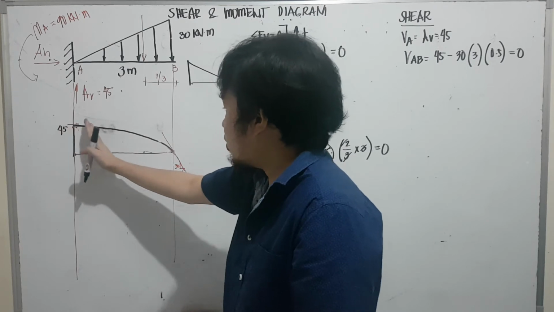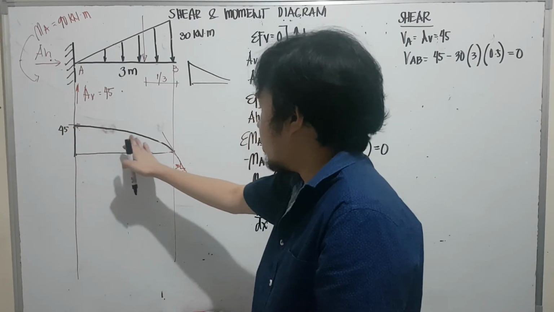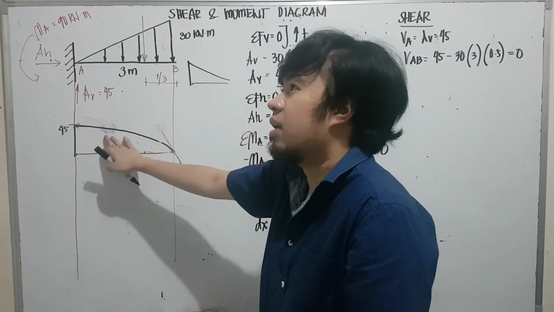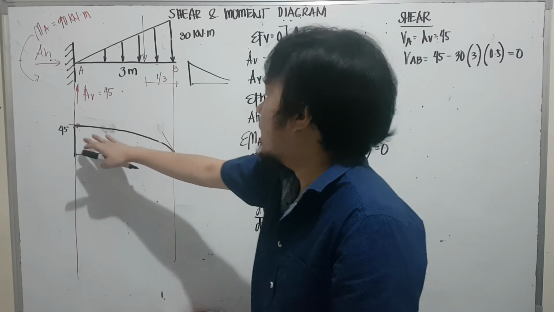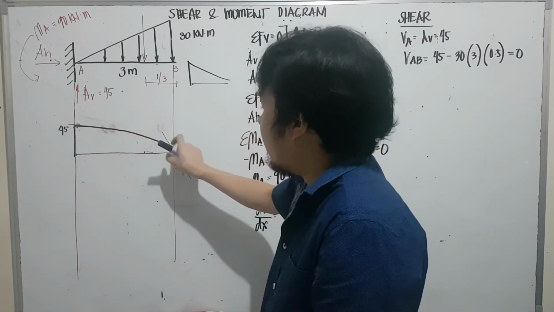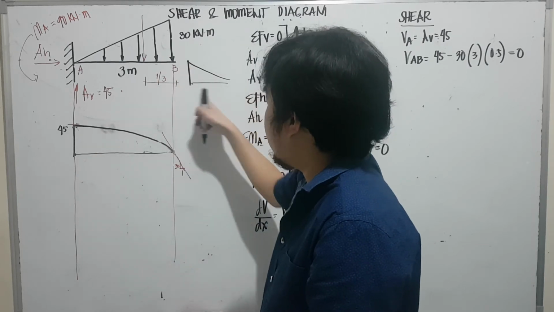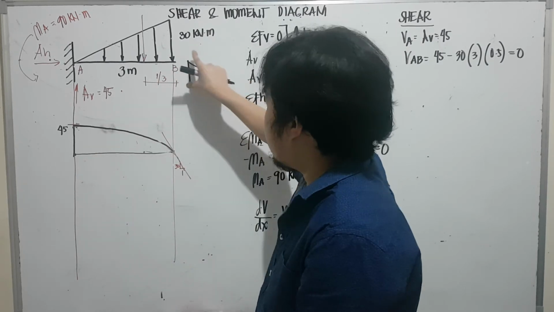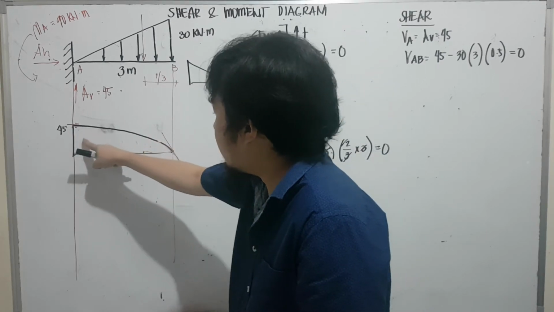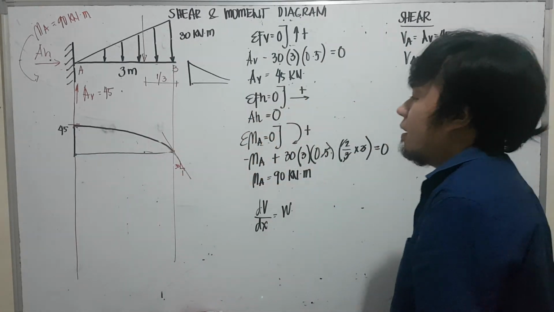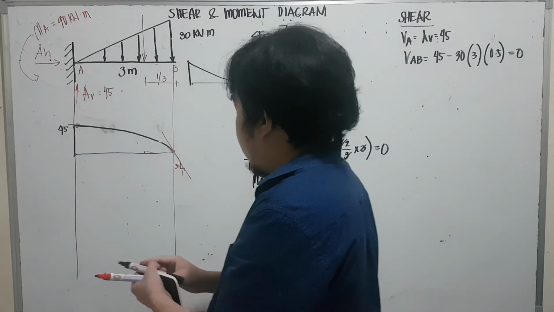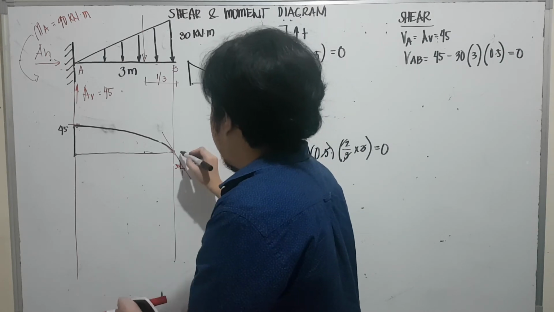Therefore, I can assume that my shear diagram here would also be increasing, getting thicker. Compared to this, from higher value to lower value, it is getting thinner, so it should also be getting slimmer. Okay? So this is my shear diagram.